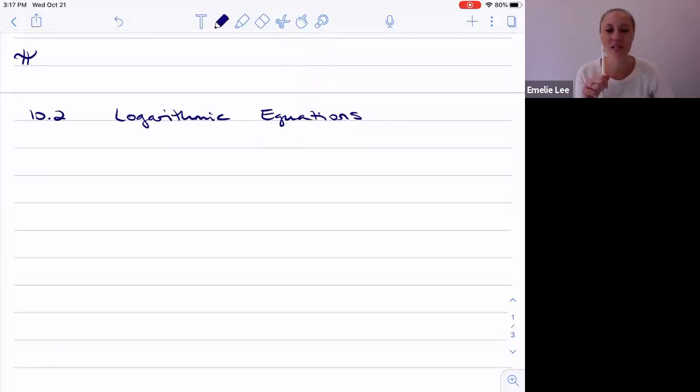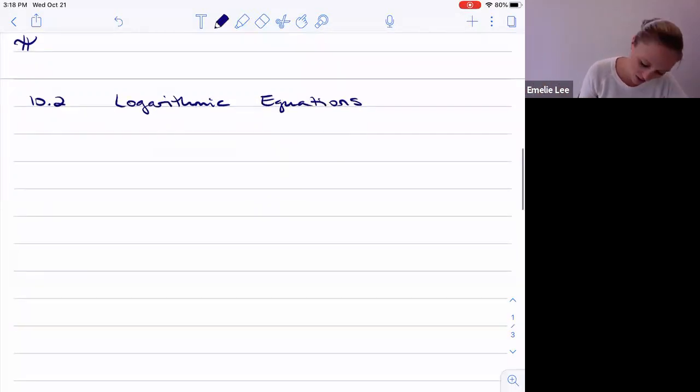So logarithmic equations, we already talked about logs earlier, right? But logarithmic equations are when we have logs and we have to solve for things inside the logs or involving logs. So I'm about to tell you the moneymakers for solving these logarithmic equations.